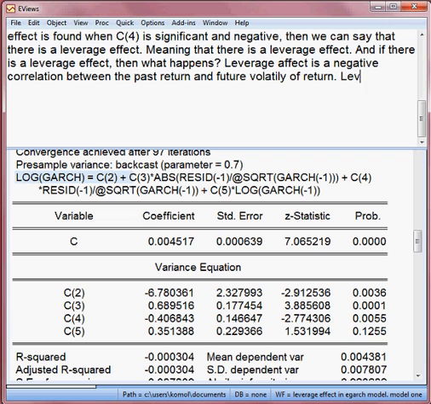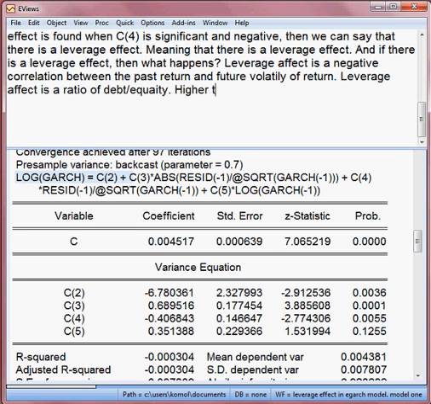In other words, leverage effect is a ratio of debt and equity, that is stock equity.